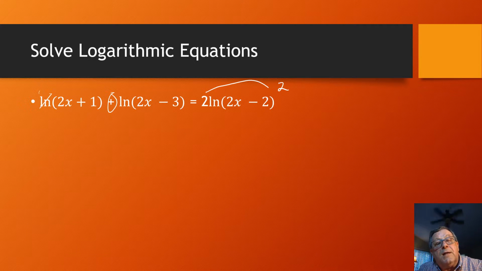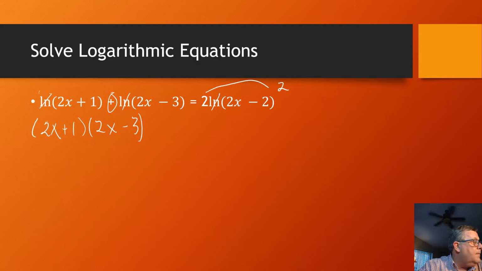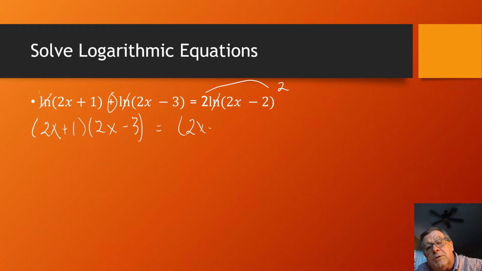So let's go ahead and cancel out all of our natural logs because it's a common factor. And so then that would leave me with 2x plus 1 times 2x minus 3, and that equals 2x minus 2 squared, or 2x minus 2 times 2x minus 2.